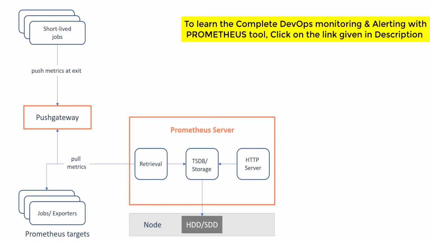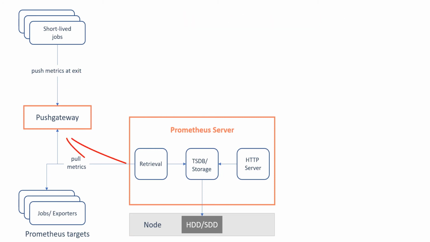The Prometheus push gateway allows short-lived batch jobs to push time series to an intermediary job. But again, to have it ingested in the core, it will use the pull approach only to fetch those pushed metrics from the push gateway. So basically the flow will be, the jobs will push metrics into an intermediate entity from where Prometheus will pull those metrics into its core. I hope this push and pull is clear.